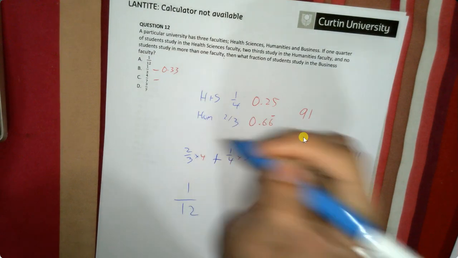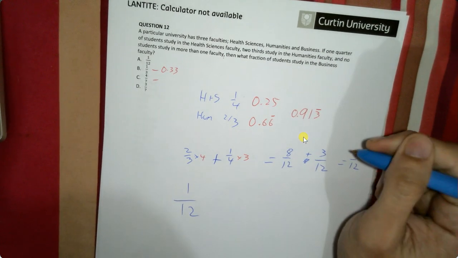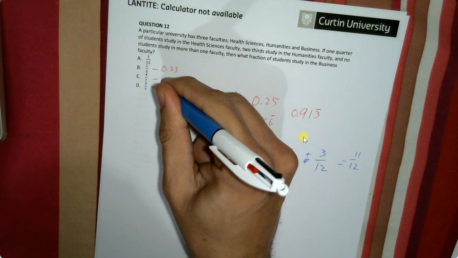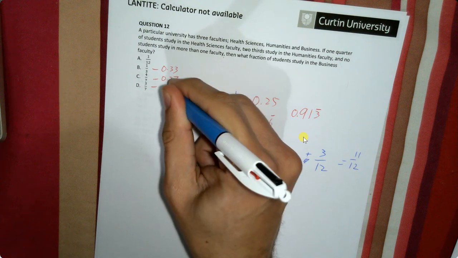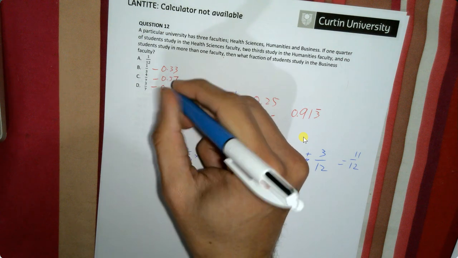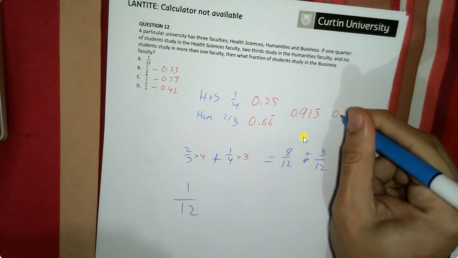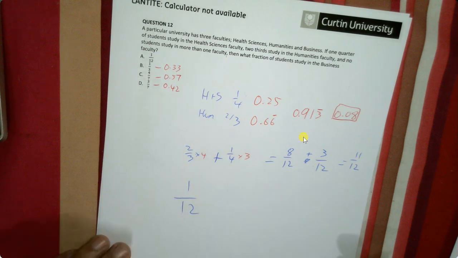And obviously if you get 0.913 or thereabouts, it's got to be a very, very small number. This one I know is 4/7 is 0.57 roughly, and this one is 0.42 roughly. So yeah, we needed a very small number, like around the 0.08 mark, which is what the 12th is.